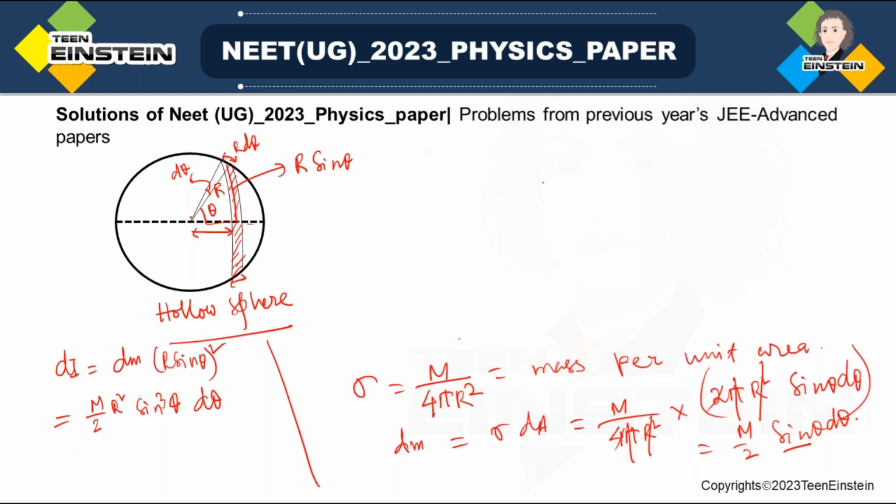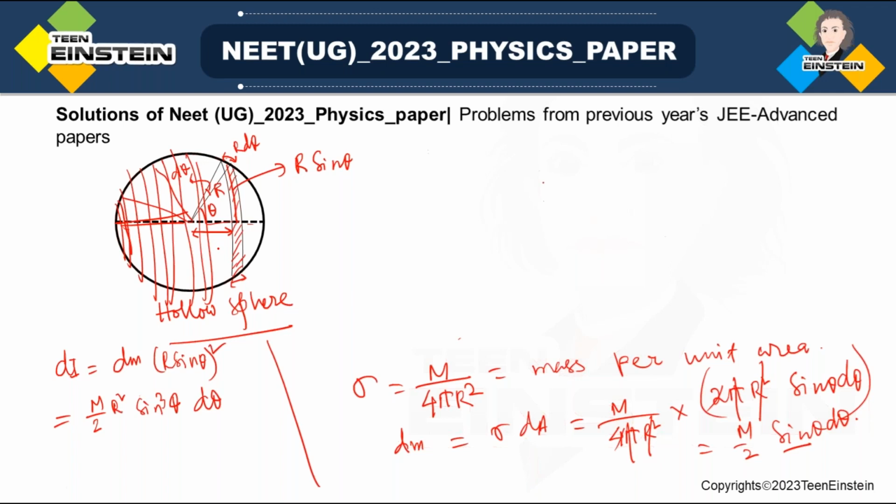If this radius goes on like this, and like this, finally when the radius will be here, all my rings will be covered like this. It can be considered to be made of a large number of thick rings.